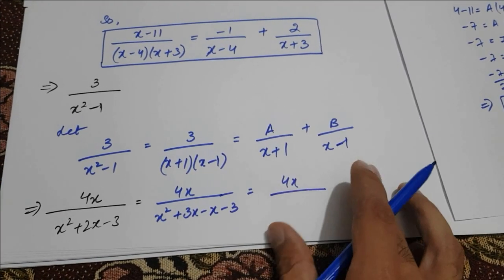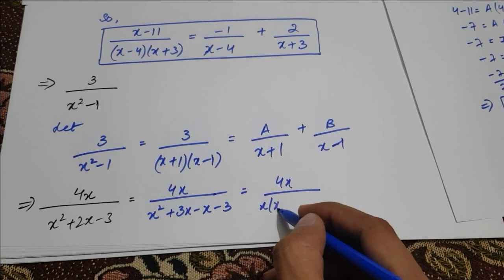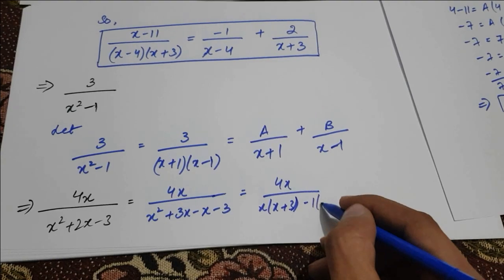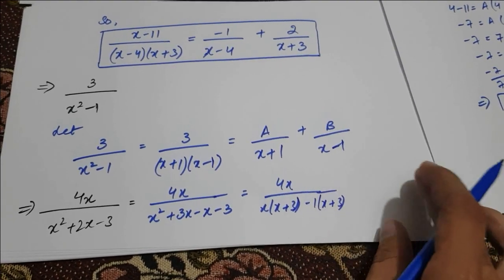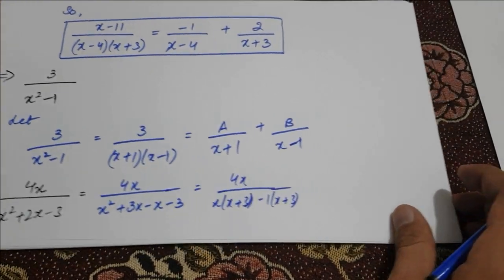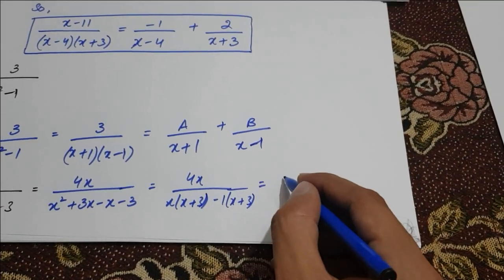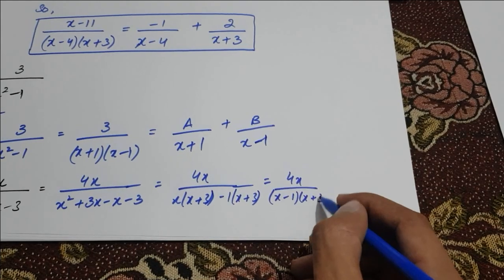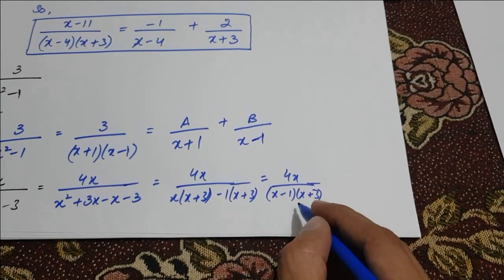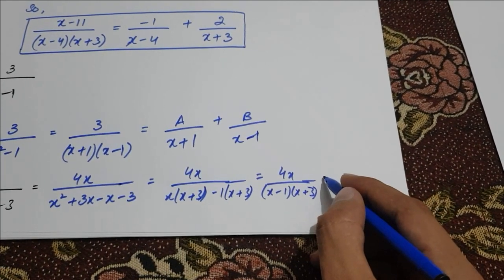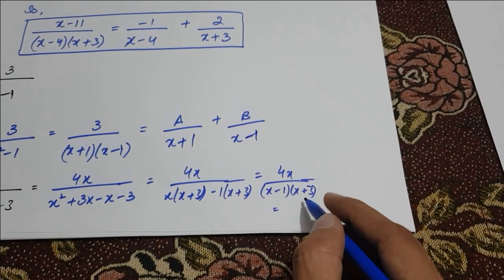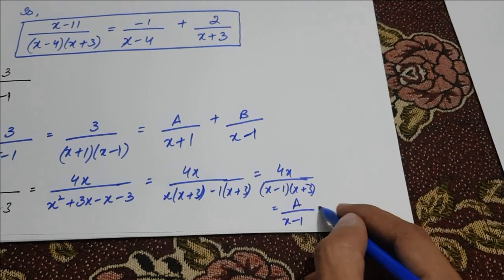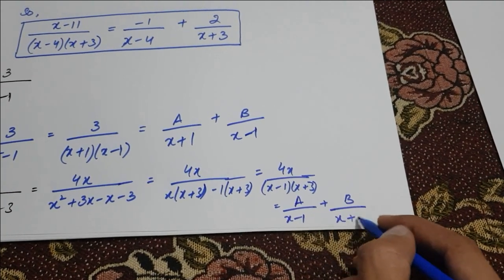That comes out to be 4x over x(x plus 3) minus 1(x plus 3), which equals 4x over (x minus 1)(x plus 3). Again, you can solve it further, resolving it into partial fractions that are a over x minus 1 plus b over x plus 3.